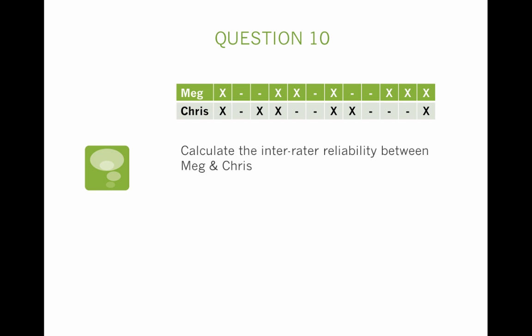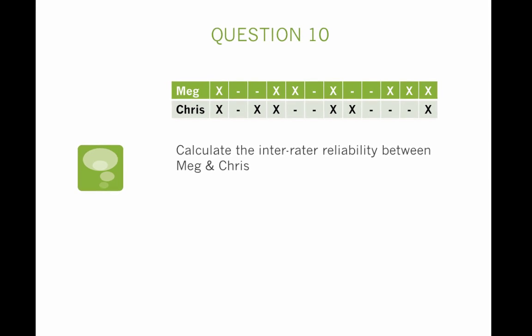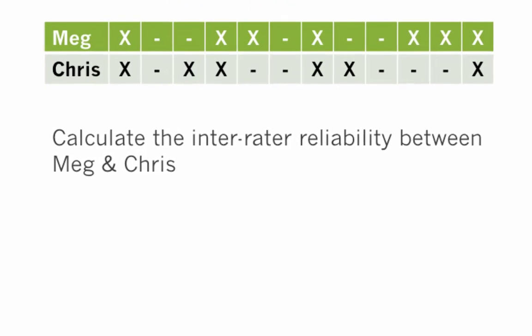Well, how do we set this up? This is the simplest formula and calculation for reliability coefficients. It's simply the number of agreements divided by the number of possible agreements. So you see we have 1, 2, 3, 4, 5, 6, 7, 8, 9, 10, 11, 12 possible agreements.